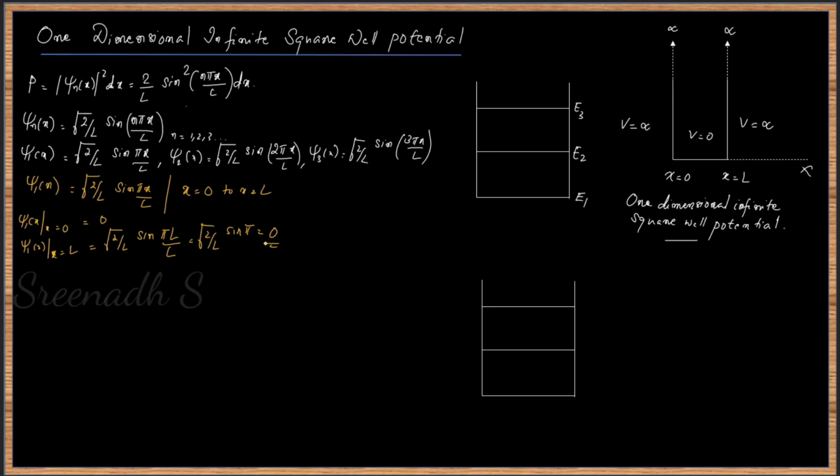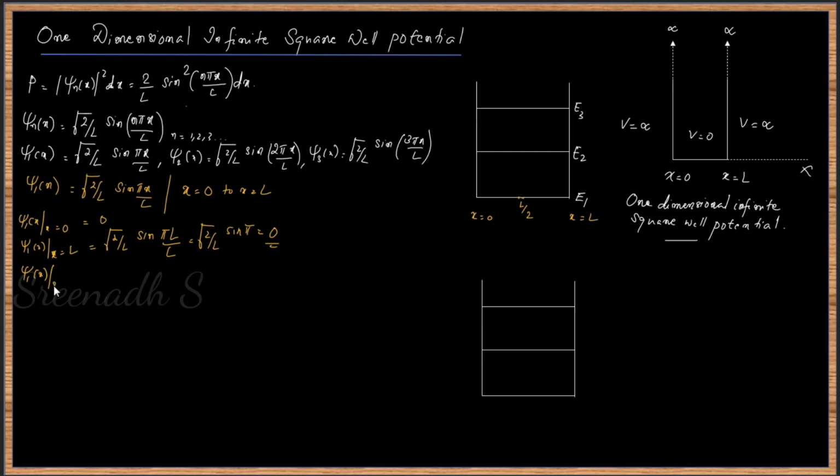So then we can look at the center. This is from x equal to 0 to x equal to L, so what will be this point? It is L by 2, right? The center point, L by 2. Just check what is psi 1 of x at x equal to L by 2.